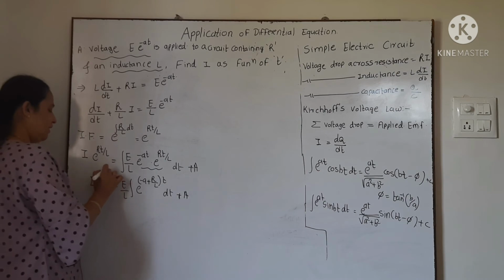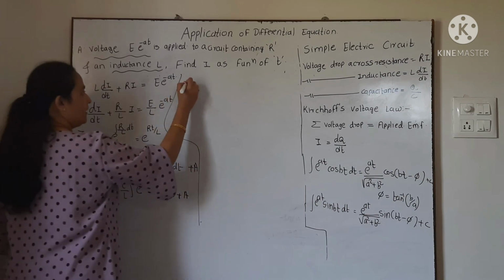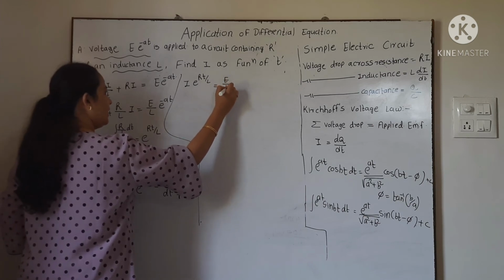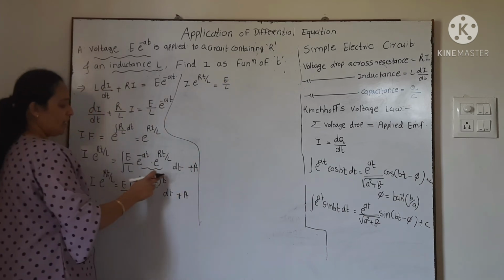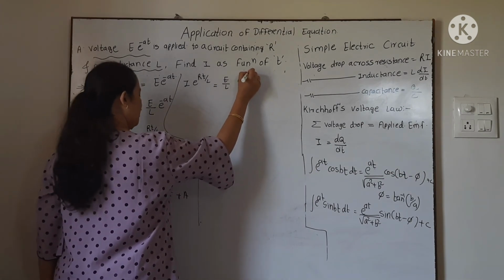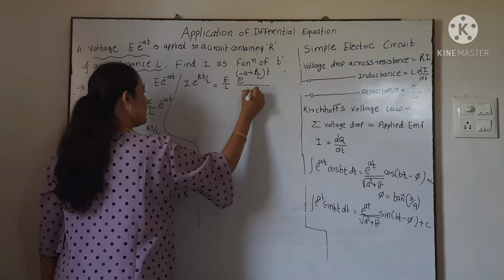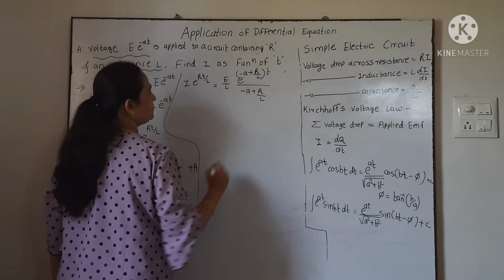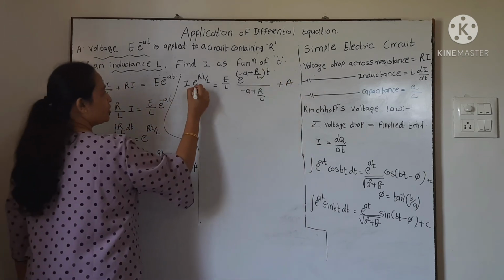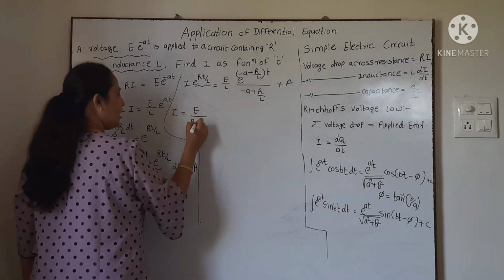Now we'll take the integral on the right hand side. You will get I e raised to RT by L equal to E by L into integral of e raised to AX, which is e raised to AX upon A. So it is e raised to minus (A plus R upon L) T upon minus (A plus R by L), plus constant of integration A. If I divide throughout by e raised to RT by L, you will get I equal to E upon R minus AL.